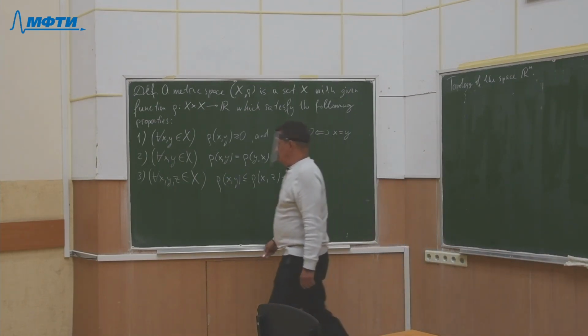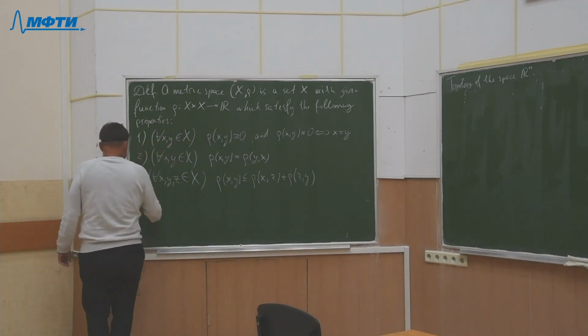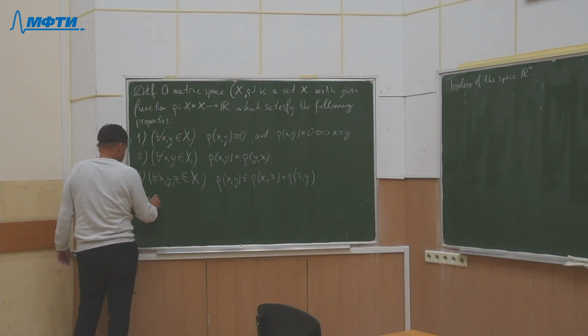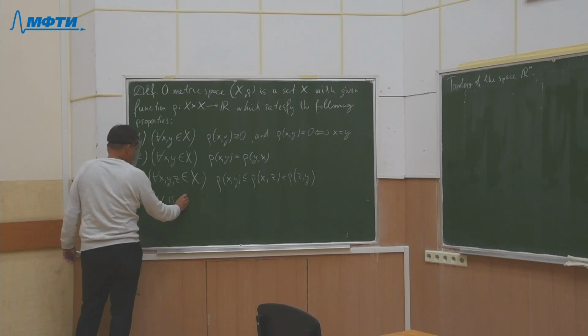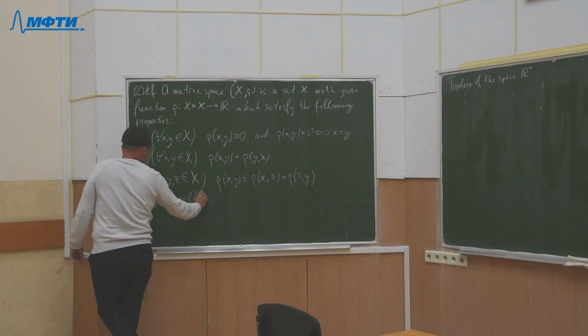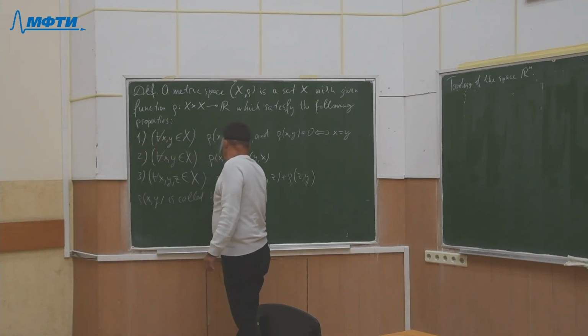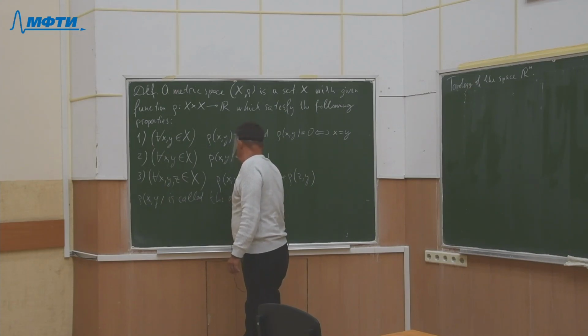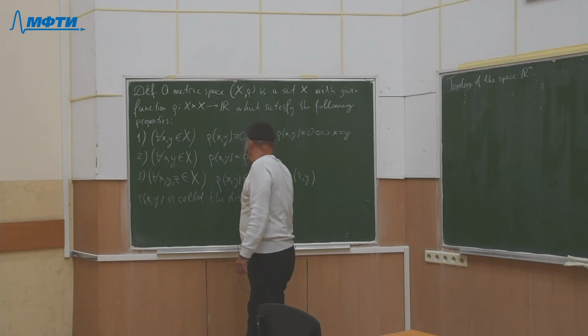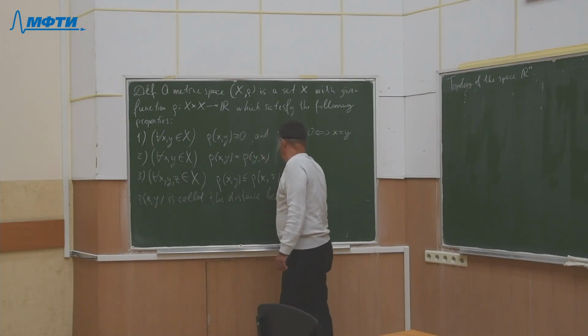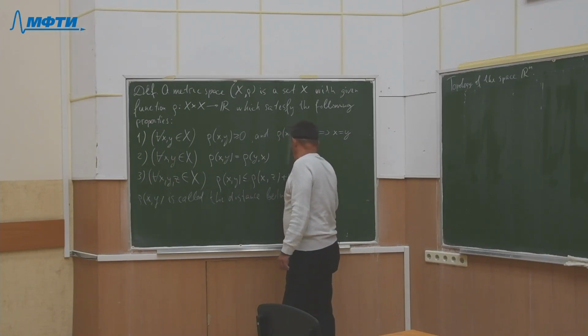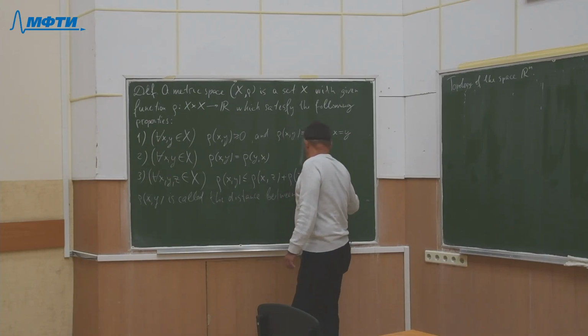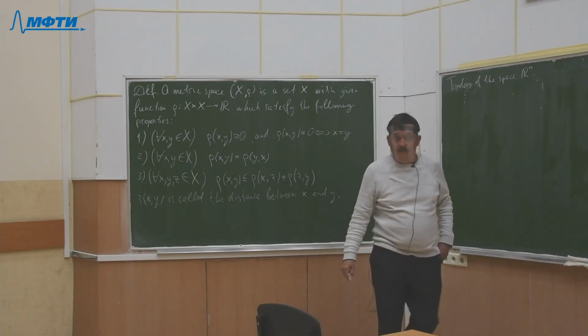So rho of x, y is called the distance between x and y.